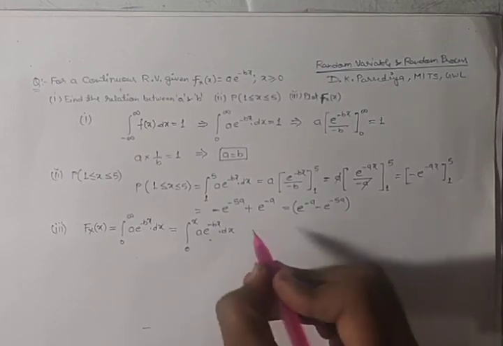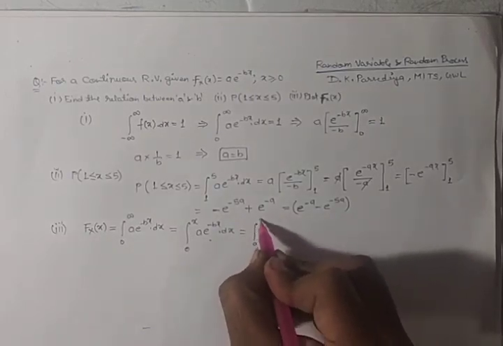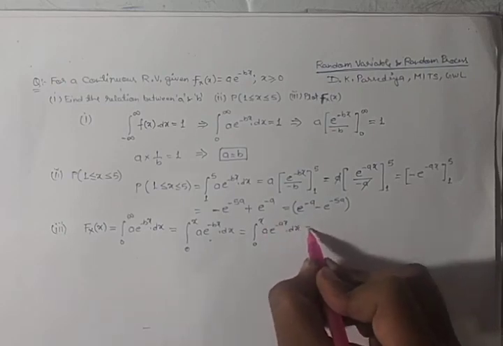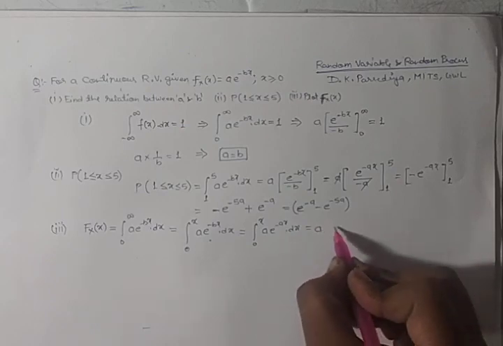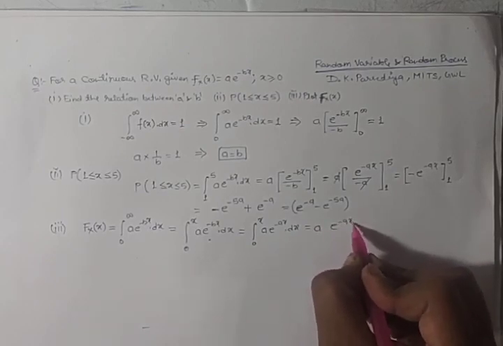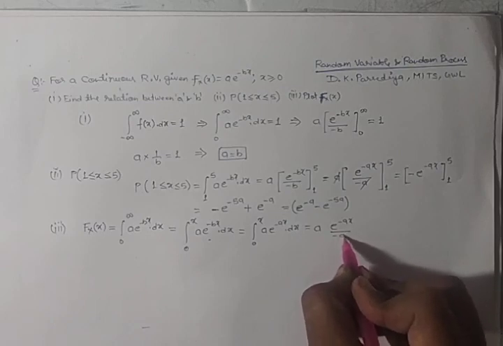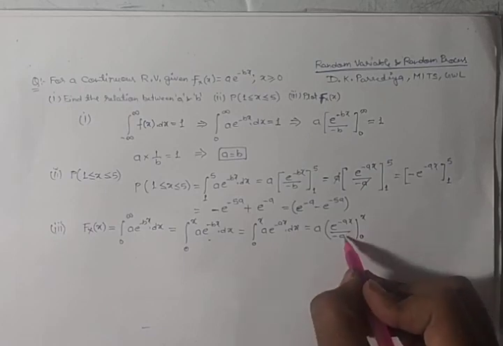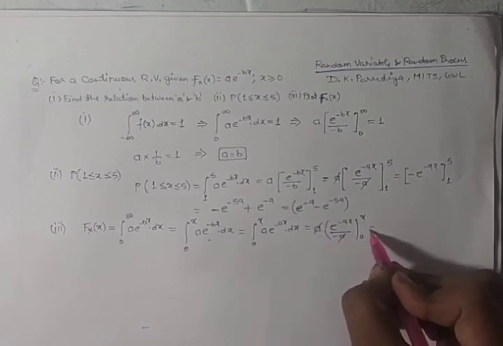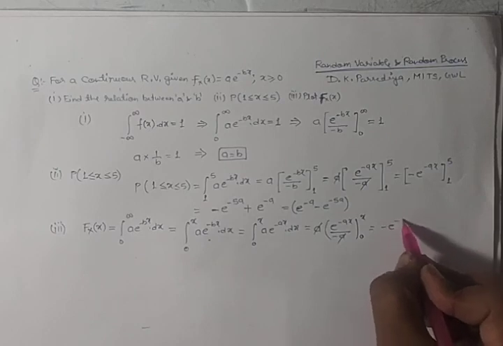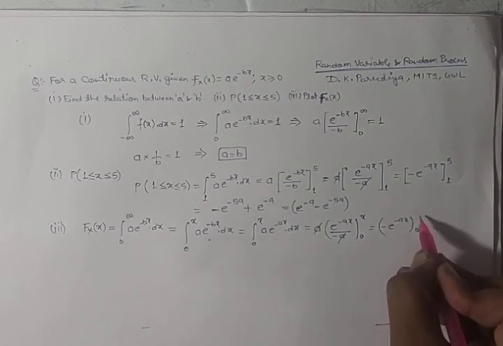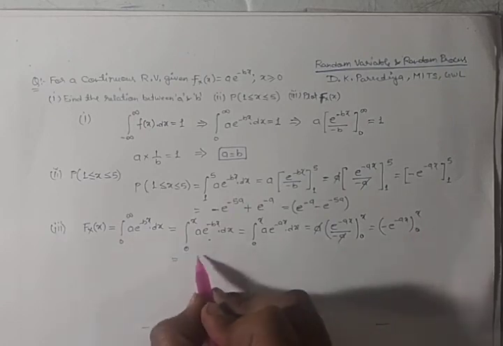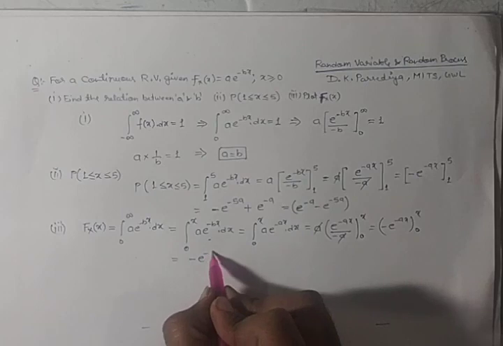Since a and b are the same, this is integration 0 to x of a e to the power minus ax dx. When we perform the integration, this is a times e to the power minus ax upon minus a from 0 to x. This a will be cancelled, so we will have minus e to the power minus ax for the limit 0 to x. So when we substitute the upper limit, minus e to the power minus ax.